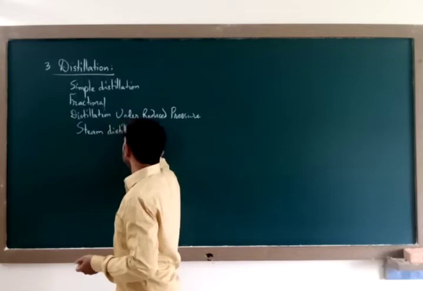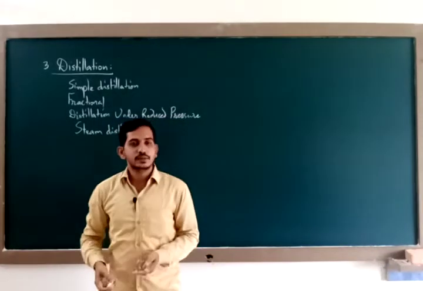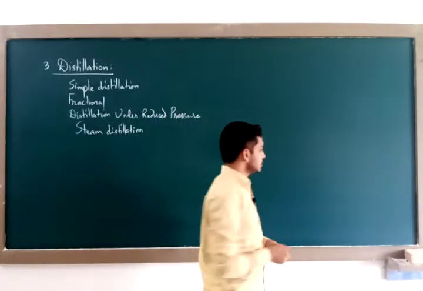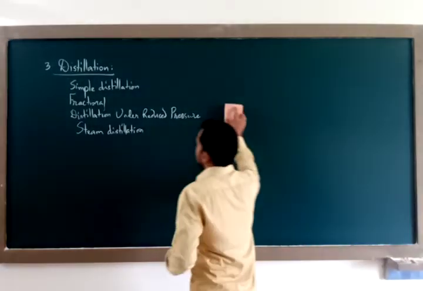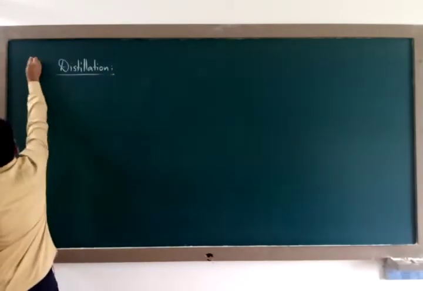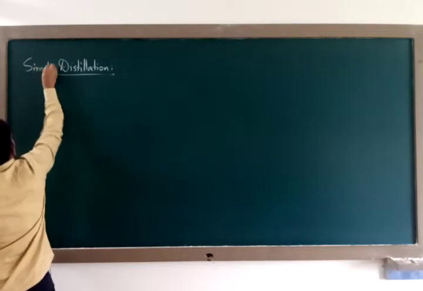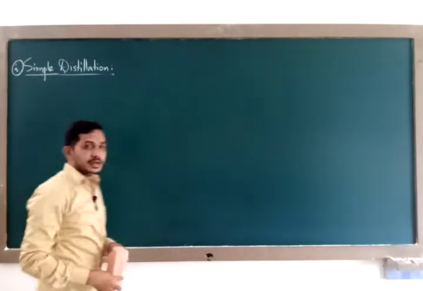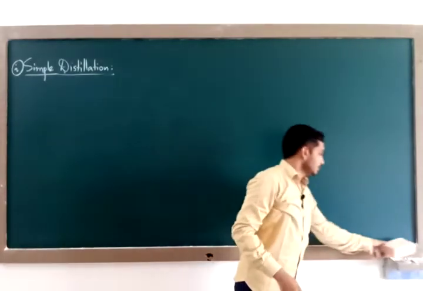So in your first year syllabus, you will be studying these four distillations. Let us begin with the first one, simple distillation. This is the first type under the third heading, distillation.